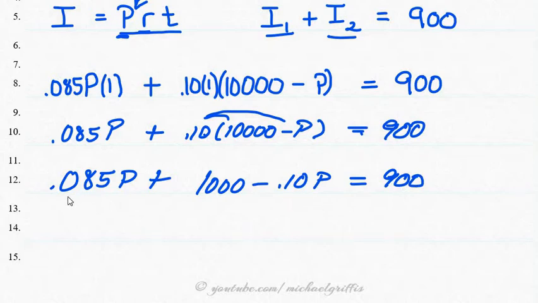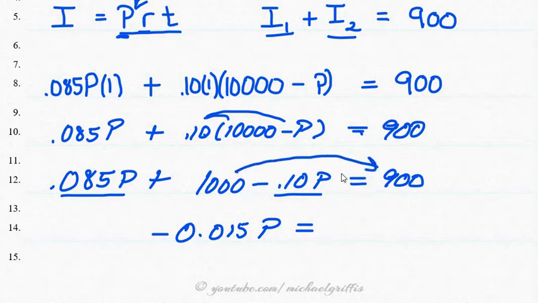Okay, so we collect up our like terms. 0.085 minus 0.10, and that's going to give us a negative 0.015P is equal to, let's go ahead and subtract 1,000 from both sides.